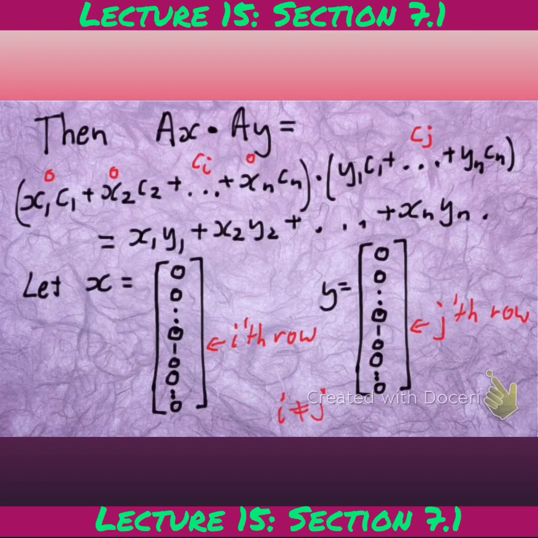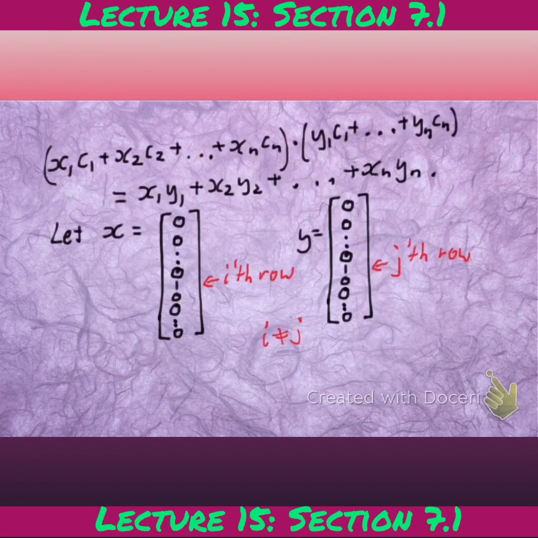On the right hand side we get 0, because at the ith x we get 1, but the ith y is 0 since i is not equal to j, and at the jth y we get 1, but the jth x is 0. So we get zeros everywhere.